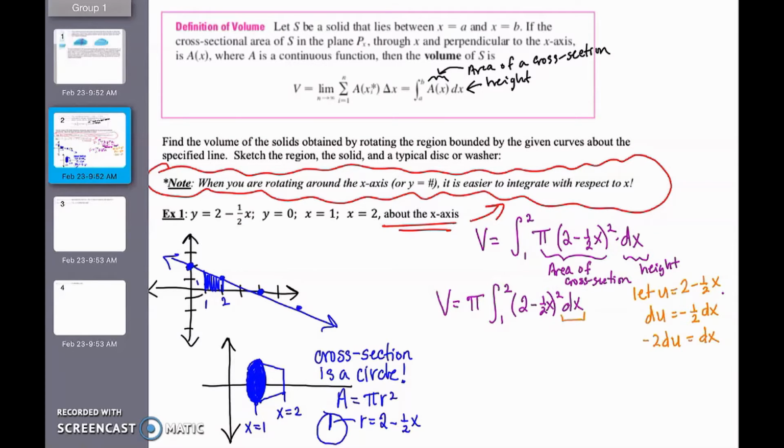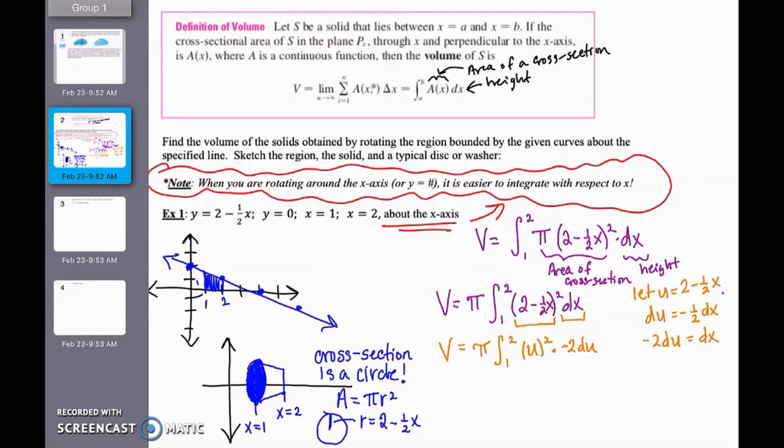Okay, so now I've taken care of this part. dx is equal to negative 2 du. And I've taken care of this part. This is just going to be u squared. So now my volume is going to be pi times the integral from 1 to 2 of u squared times negative 2 du, replacing my dx with negative 2 du and my 2 minus 1/2 x with u.